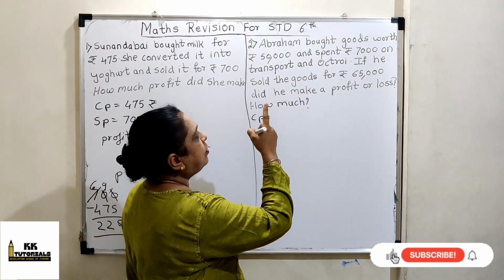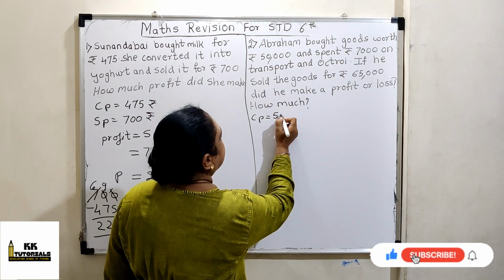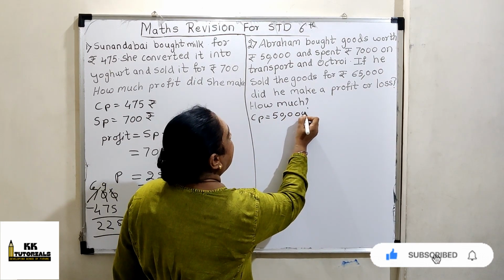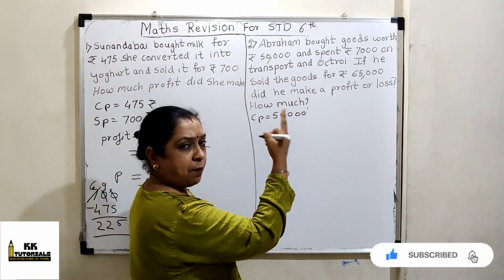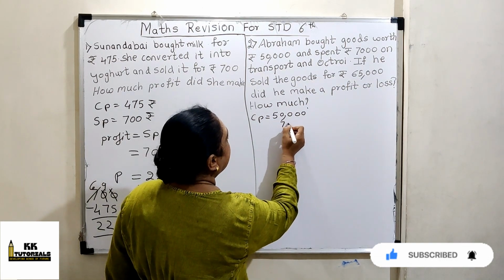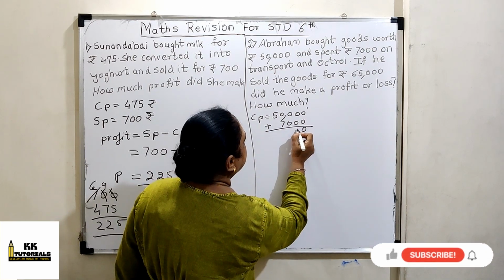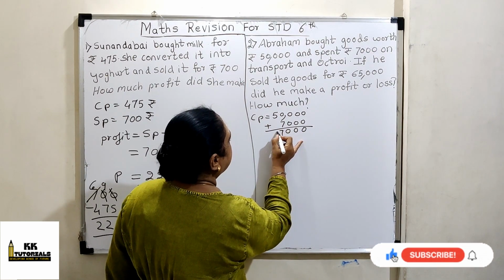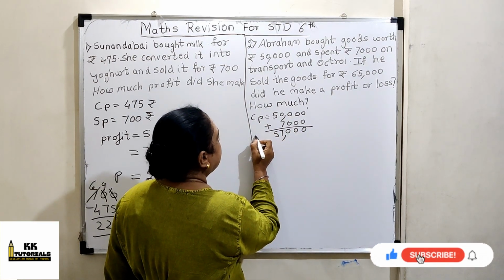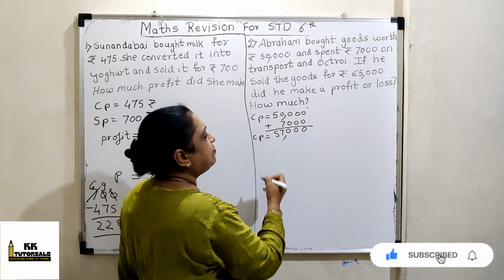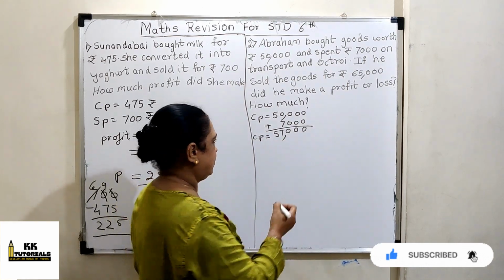He bought goods worth rupees 50,000, and he has spent 7,000 on transport and octroi. So we should add that also. So cost price now is 57,000 rupees.